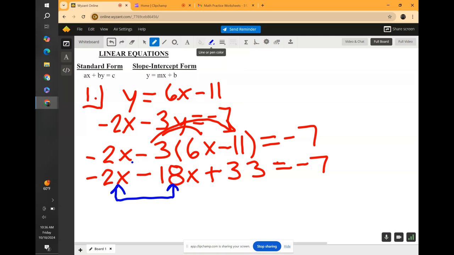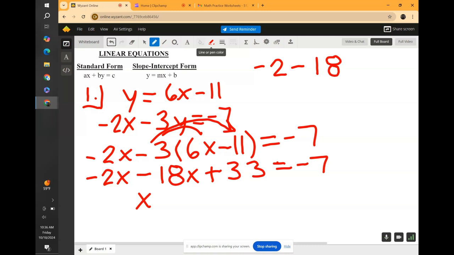Because they're like terms, we can ignore the x for now. We know we're going to have some x. What x? We have a -2 tacked onto that one, and really we have a -18 here, or we're subtracting 18. Horizontally that looks like -2 minus 18.